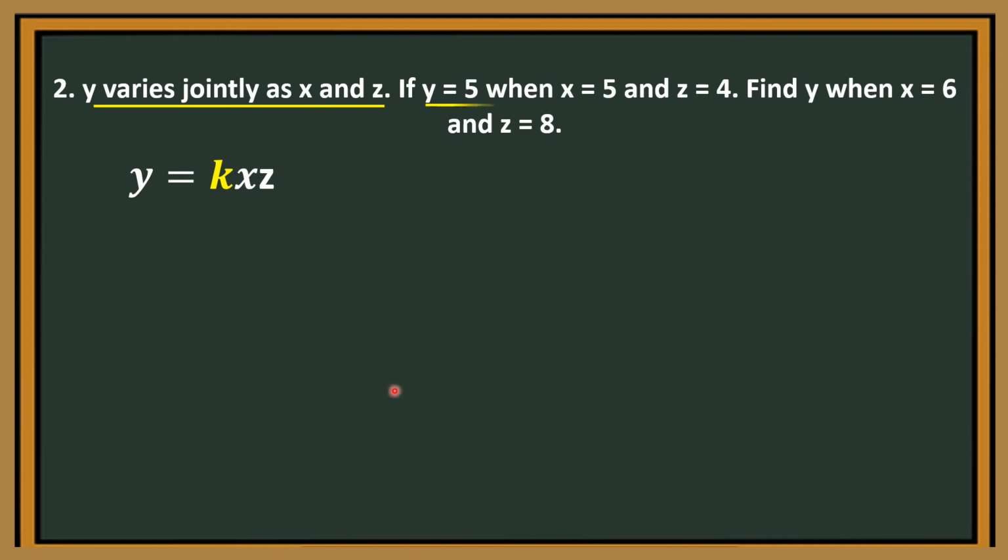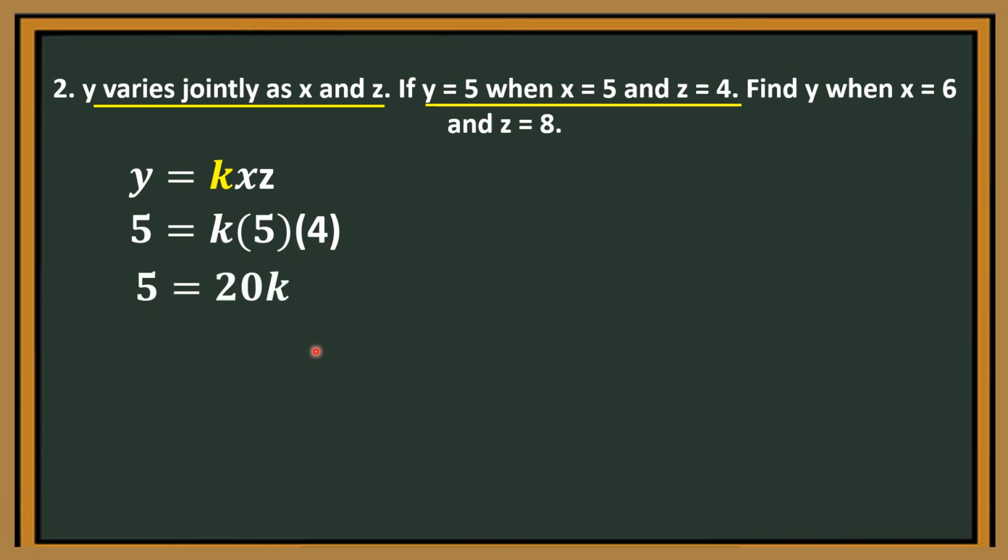Next is y is equal to 5 when x is equal to 5 and z is equal to 4. By substitution, we're going to substitute 5 for y, 5 for x, and 4 for z. So that is 5 is equal to k times 5 times 4. Then multiply the 2, that is 20.